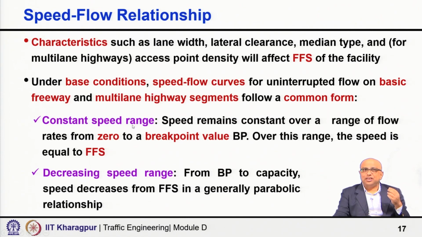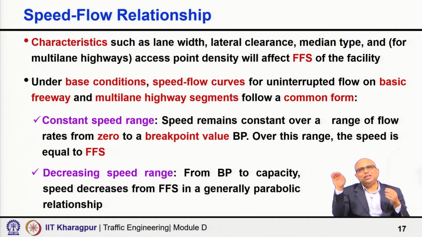One is a constant speed range, where the speed remains constant over a range of flow rate from 0 to a breakpoint value. It does not start dropping immediately as flow increases a little bit. It remains more or less the same; free flow speed is maintained up to a certain breakpoint value.